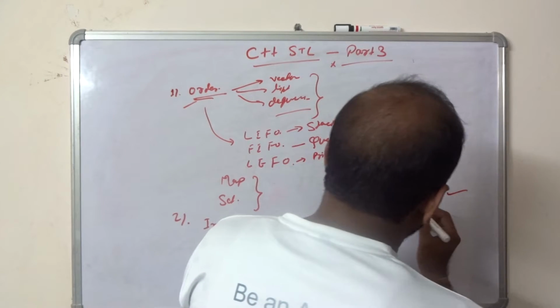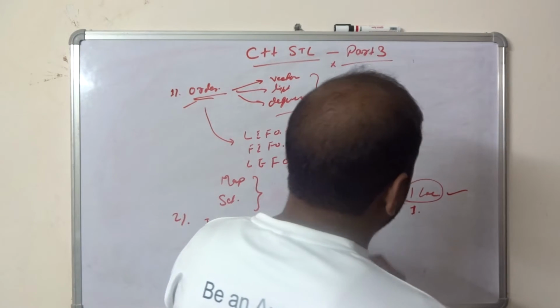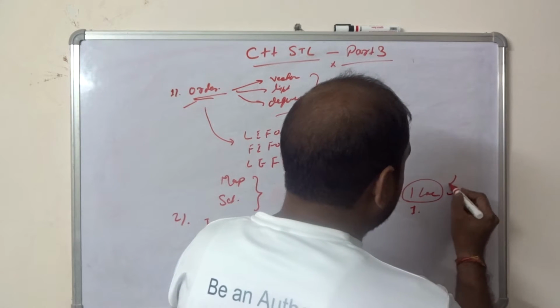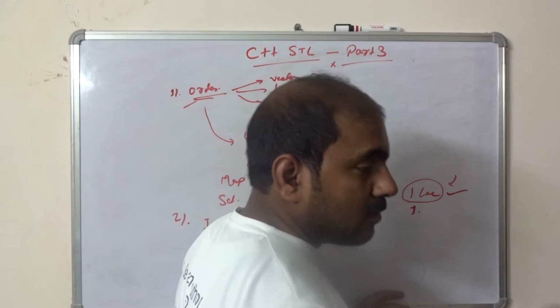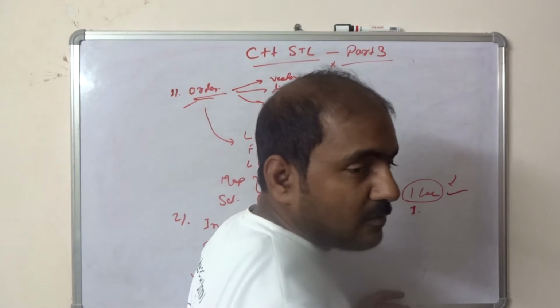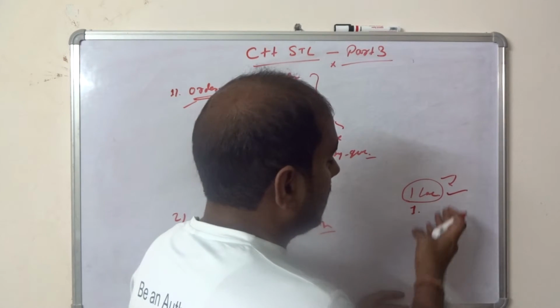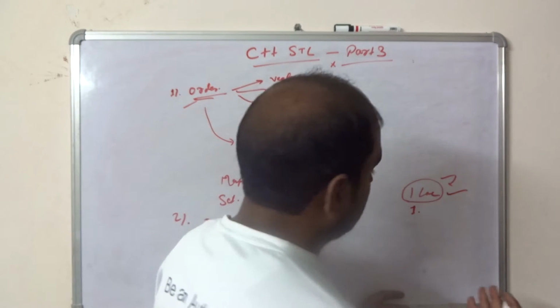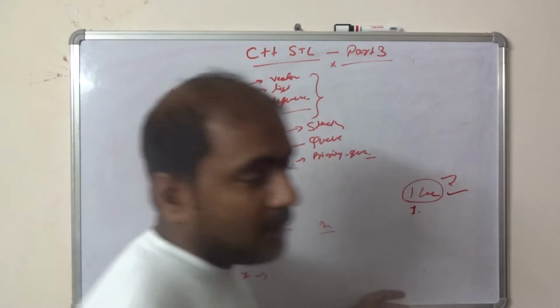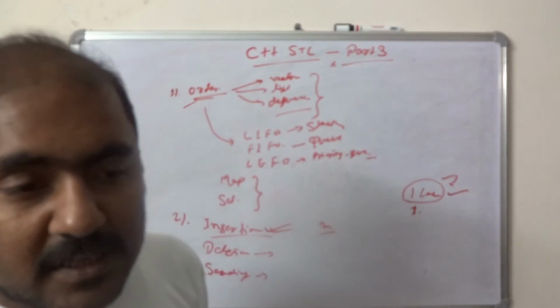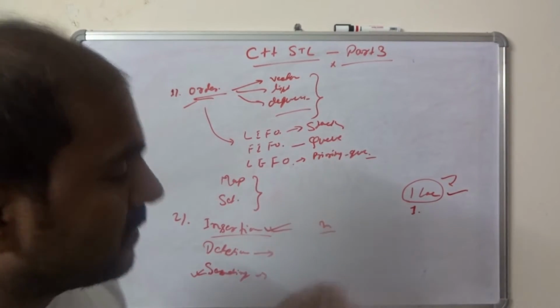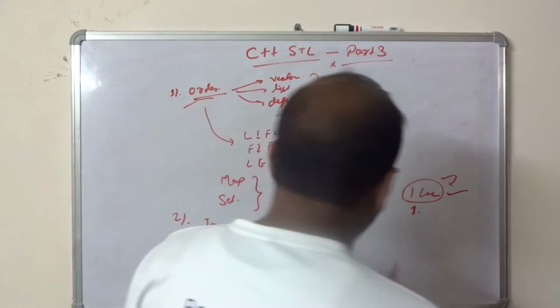If you choose something like a map, then on every insertion your complete container will be balanced, right? So for this type of requirement, map is not suitable. In this case you need to use the list, because in list insertion is very easy, it's like amortized big O of one.